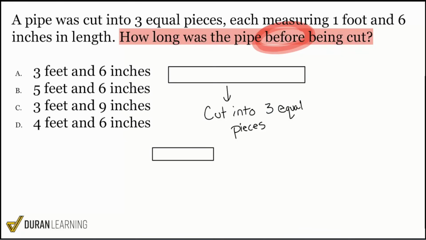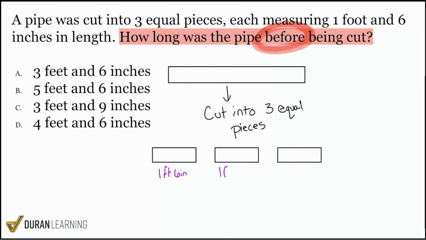So we have 3 individual pieces. And everybody, each of these individual pieces was how long? Yeah, 1 foot, 6 inches each one. So this one was 1 foot, 6 inches. So was this one. And so was this one.